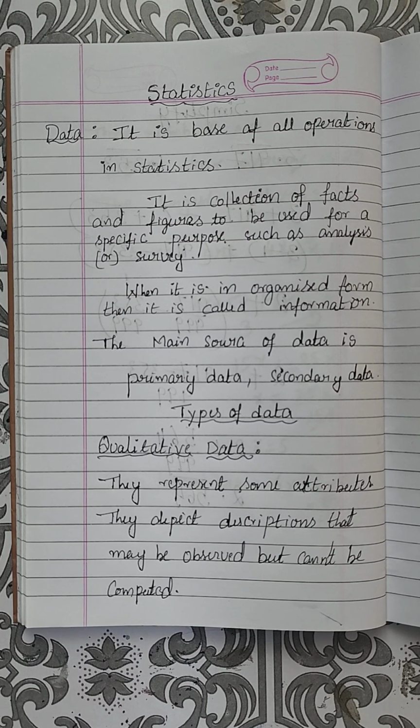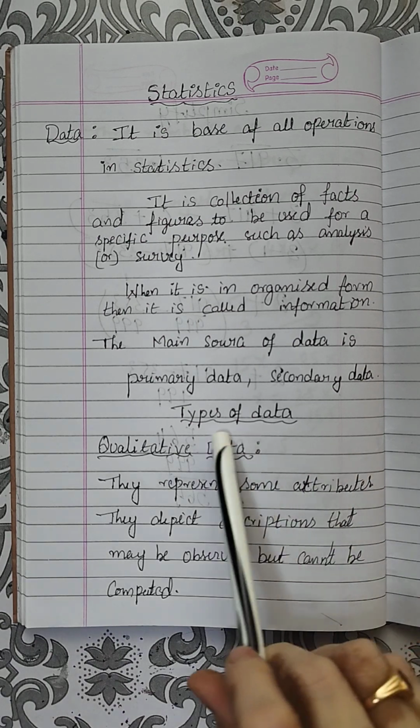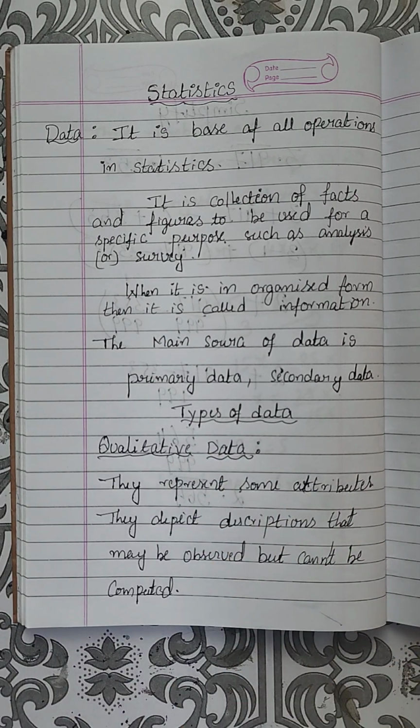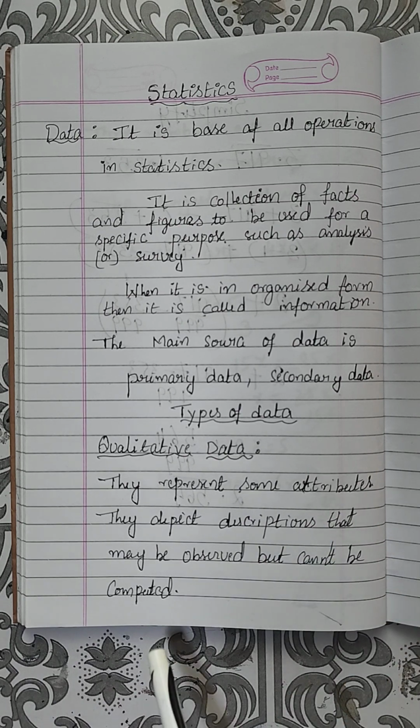Okay, it can be numerical data, or it can be qualitative data. So, types of data I am explaining here: qualitative and quantitative data. Qualitative data means they represent some attributes or characteristics.